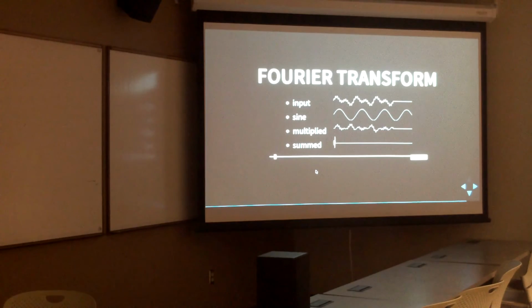To do a full Fourier transform, you would also do a cosine, which is just a shifted sine. But you can see it finds that peak, and then a little bit further, it finds that second peak, and then once it gets to match the final peak, there it goes.